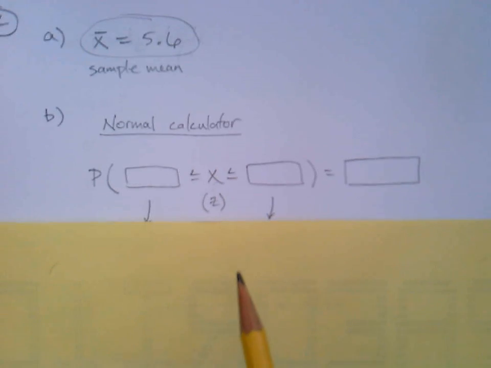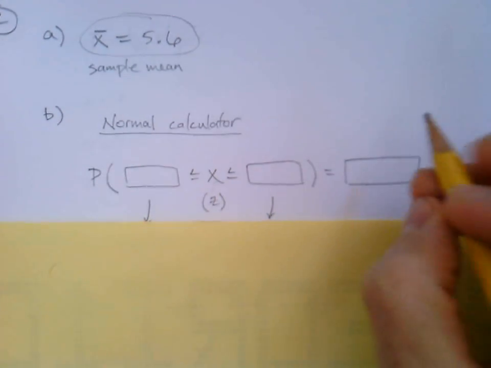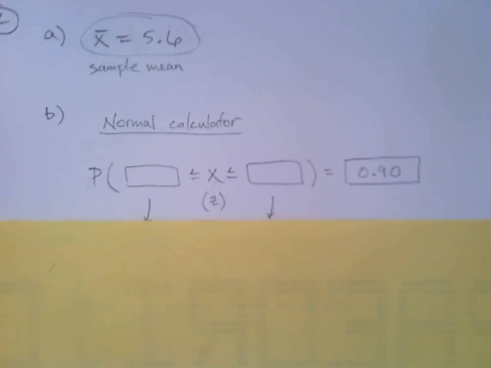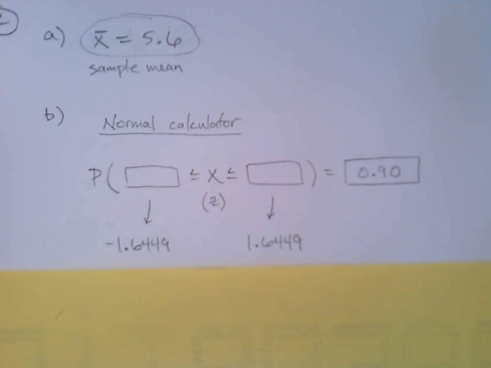What they really mean is this. Okay, anyway, the point is we're going to use our calculator backwards, right? They want the 90% confidence interval. We're going to put 0.9, or you might put 0.90 in there for the answer. And hit compute. And you will get these 2 values as your lower z-score and upper z-score.